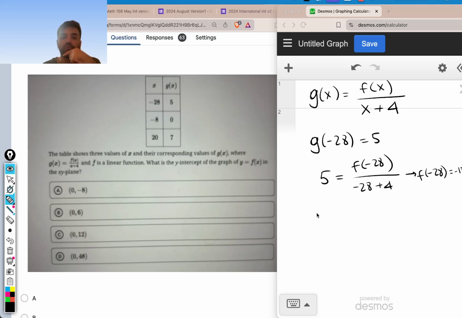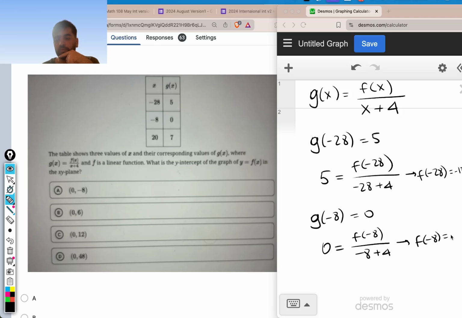And also let's use the second one, g of negative 8 is equal to 0. From here, 0 is equal to f of negative 8 over negative 8 plus 4, and we will get f of negative 8 is equal to 0.